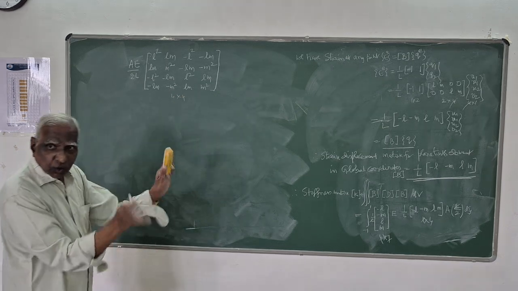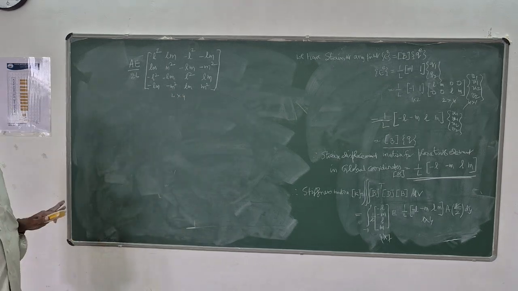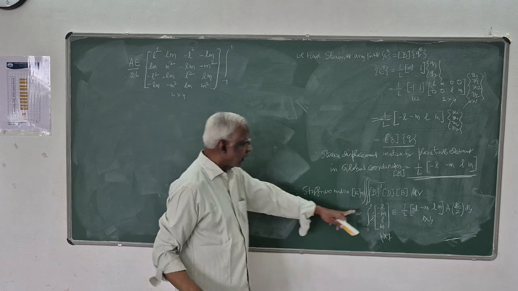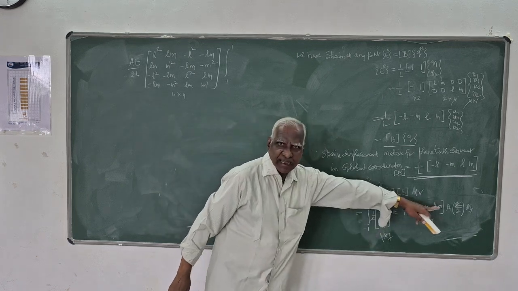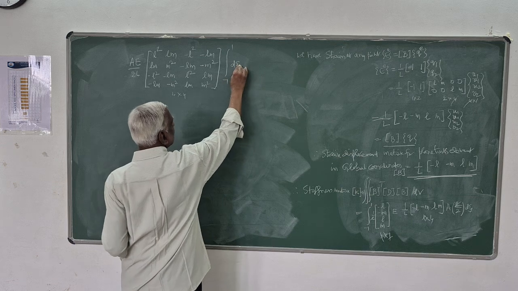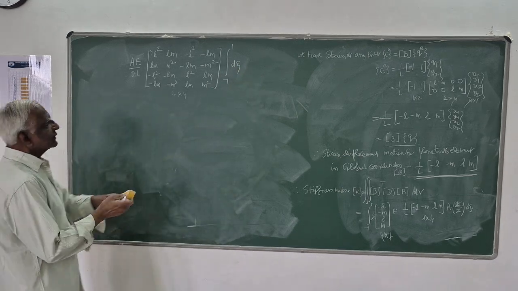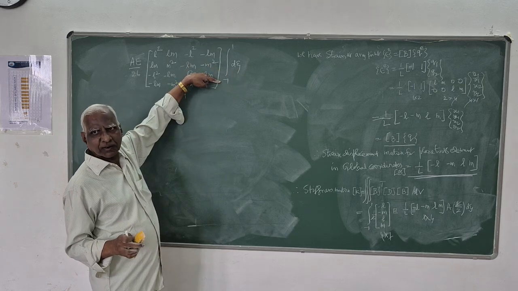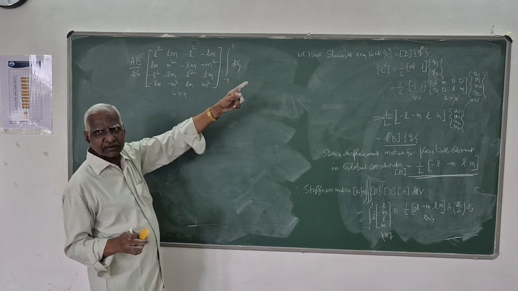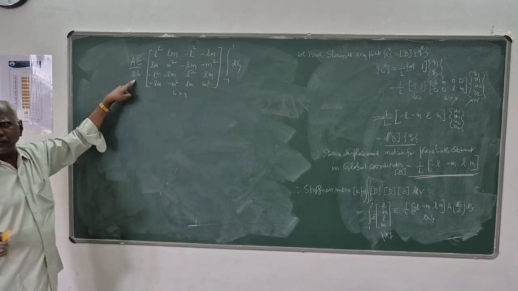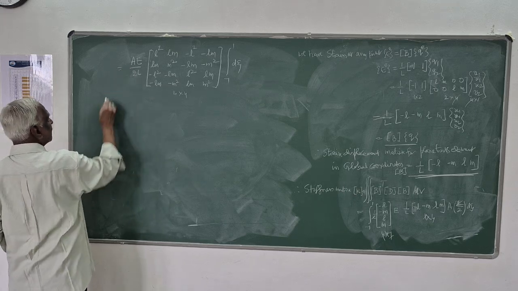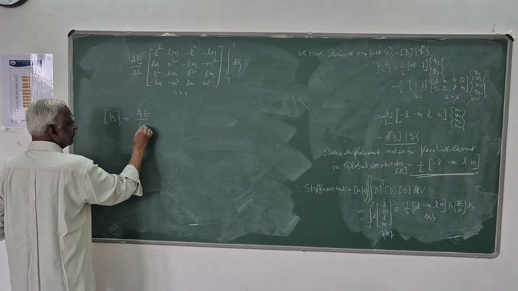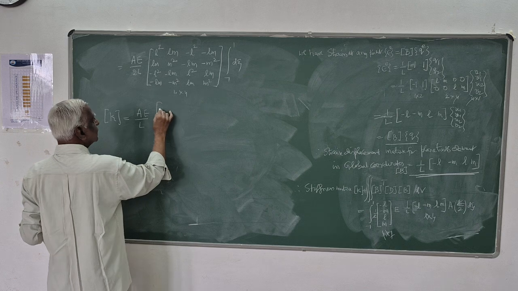That is the global stiffness matrix of a plane truss element. The integral from minus 1 to 1 of dz is z; substituting the upper and lower limits, it is 1 plus 1, 2, and these 2 cancel. So the stiffness matrix of a plane truss element will be A E by L into this.